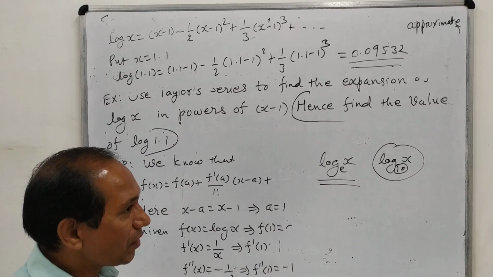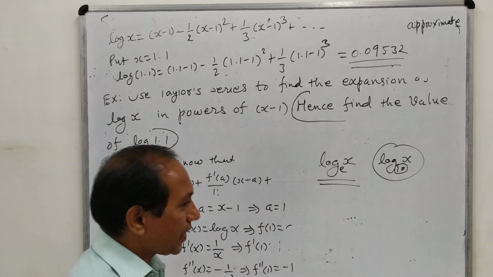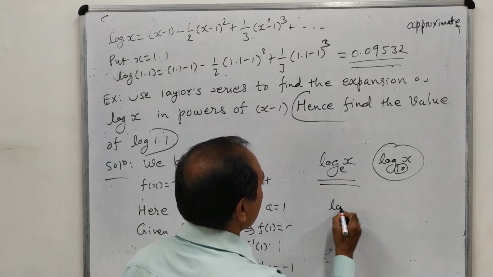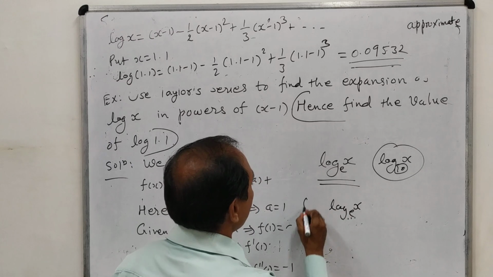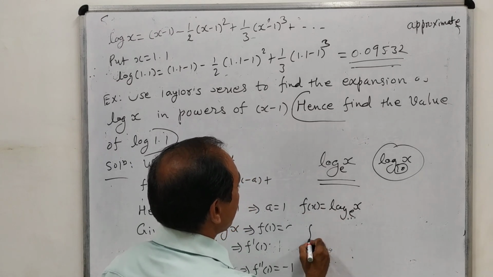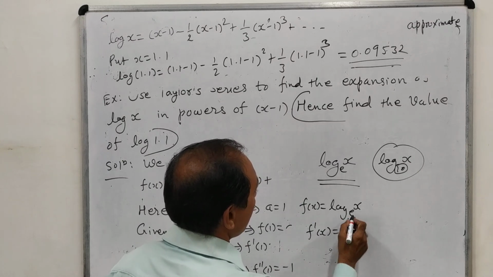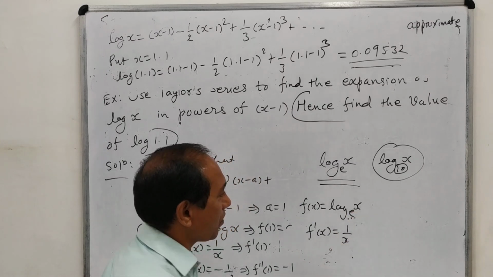And one more thing, you remember that we can directly find the derivative only of those logs whose base is e. That means its derivative is 1 upon x. Log of x has the derivative 1 upon x.